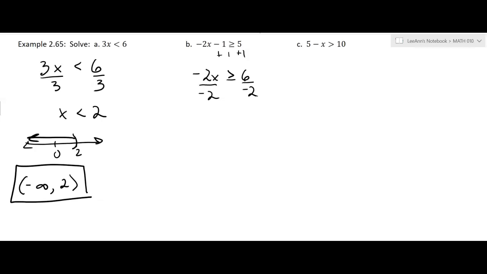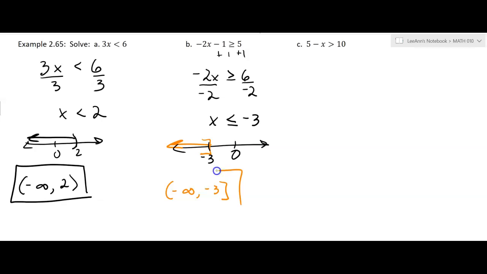I'm dividing by a negative number, so I get x is less than or equal to negative 3. I can graph it on a number line. I keep graphing them because of habit, I think. So less than or equal to is going to be a bracket this way. So negative infinity to negative 3 with a square bracket. That would be the interval.